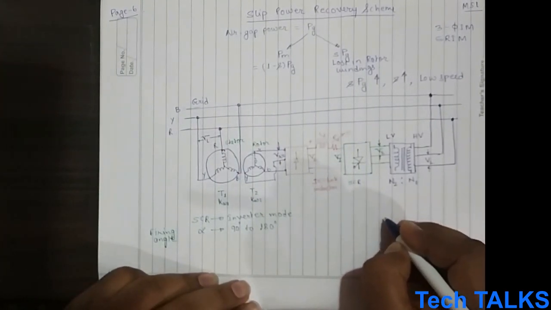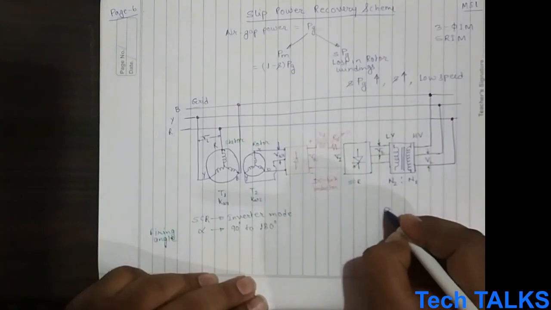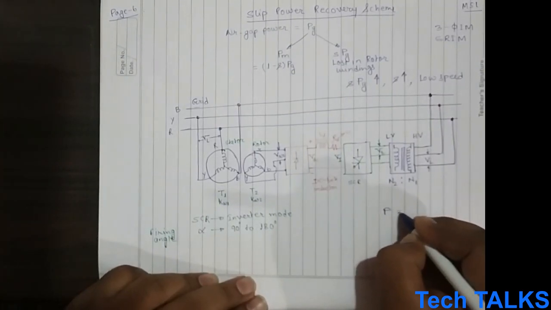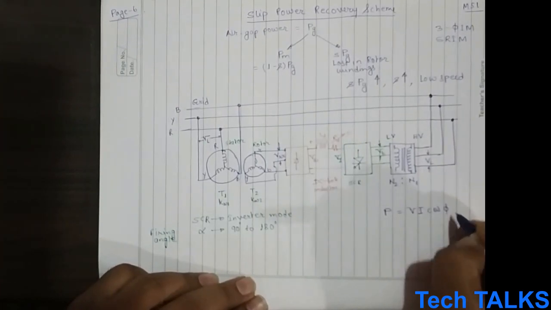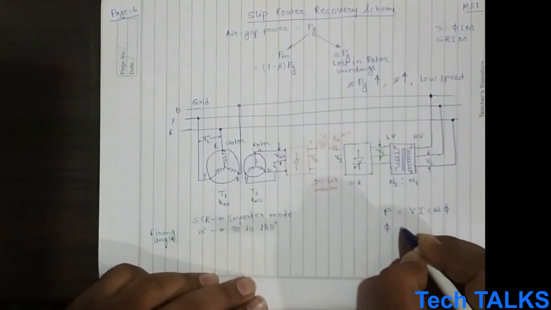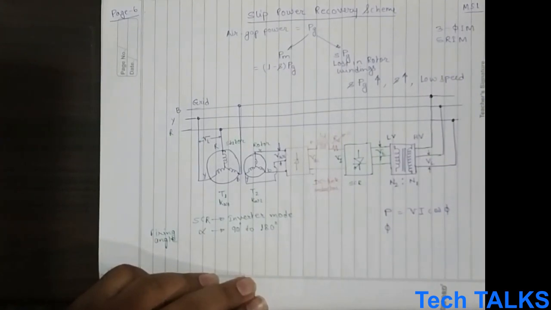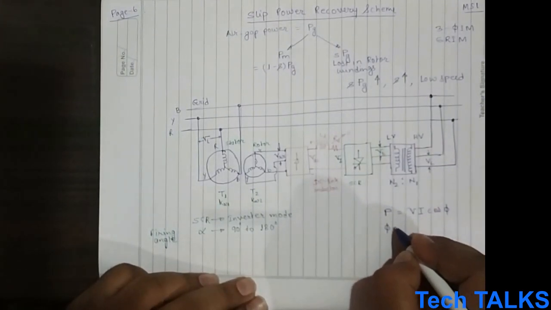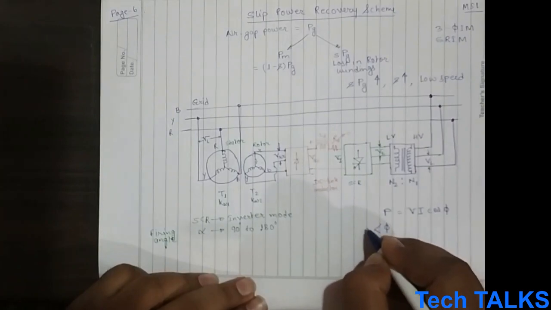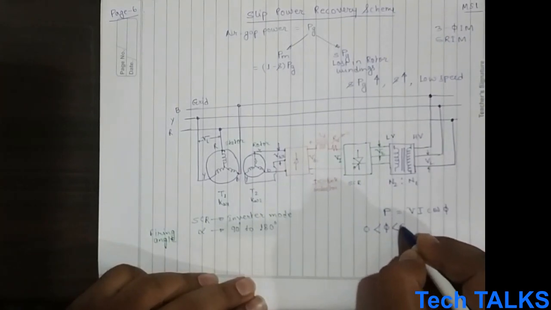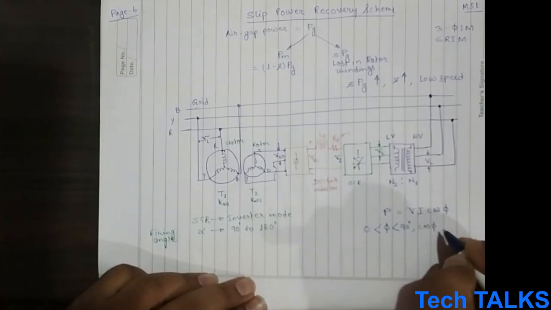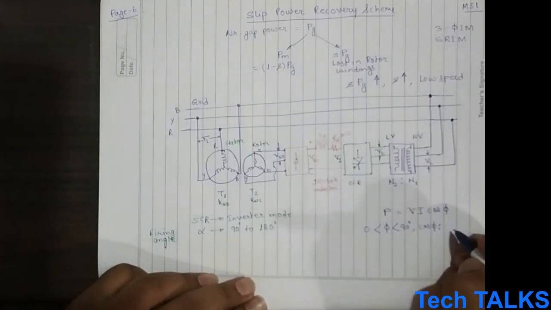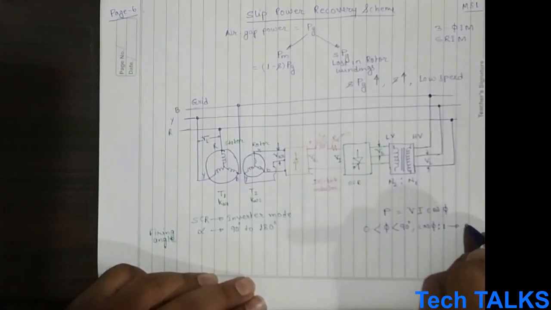Whenever we are talking of power, that is V I cos phi, when phi is from 0 to less than 90 degrees, then cos phi is 1 to 0.